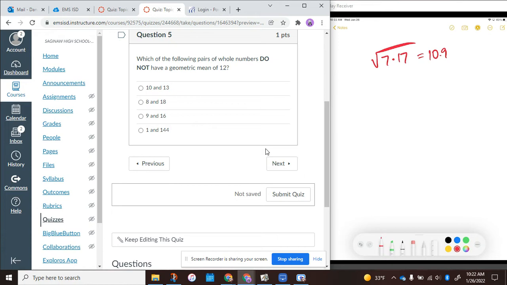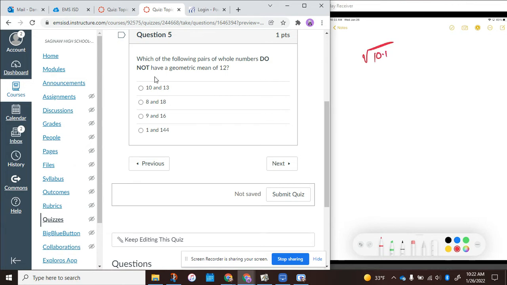Which of the following pairs of numbers do not have a geometric mean of 12? So this is one where we're actually taking the opposite approach. Instead of finding the geometric mean of a couple of numbers, it's telling us that the geometric mean is 12. And it's asking which of these does not fit that description. So what we're going to do is we're going to find the geometric mean of all of these.